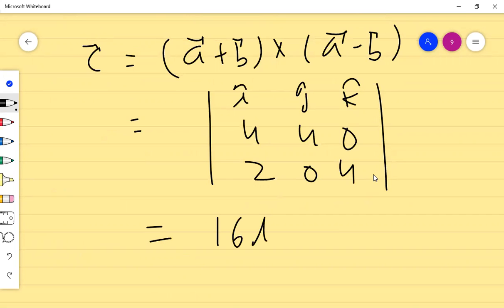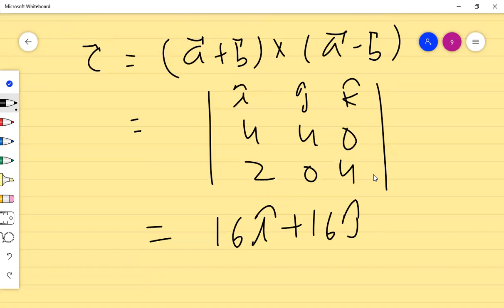i cap component. If you take j, then we have minus 16 j cap. And for k, minus 16 j cap, right?